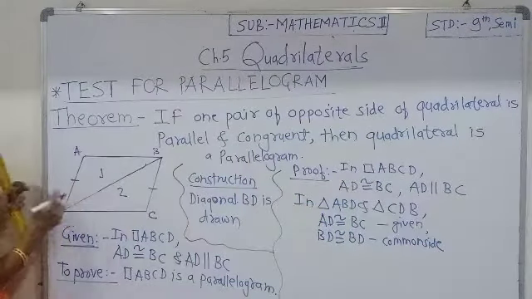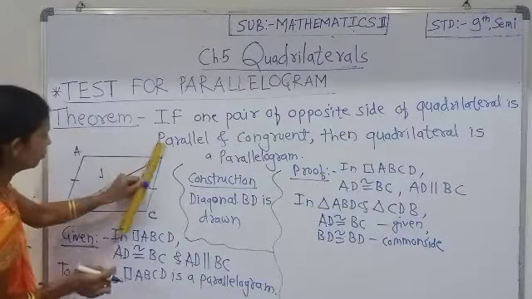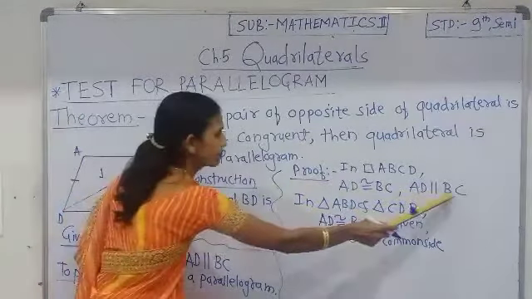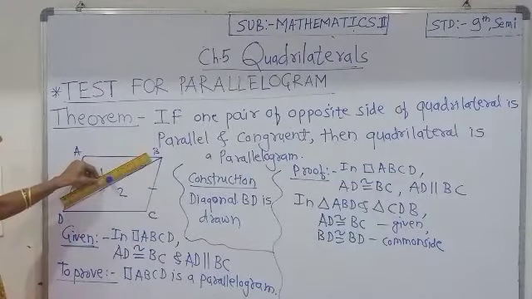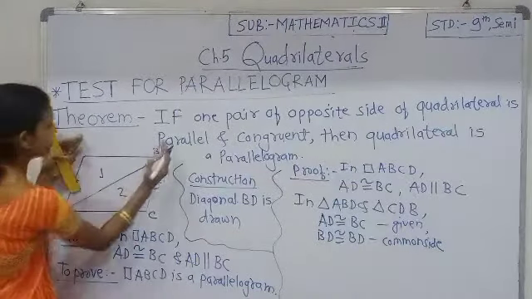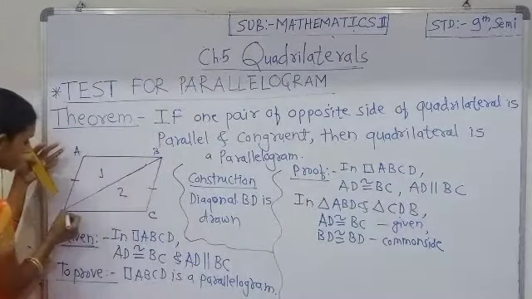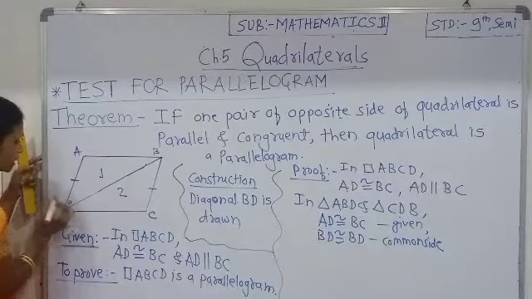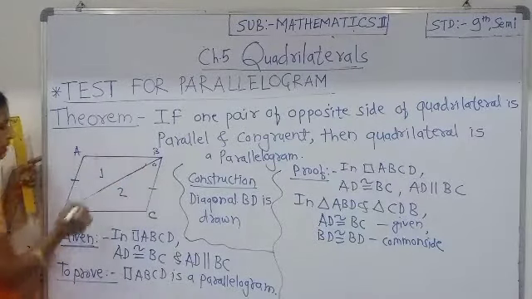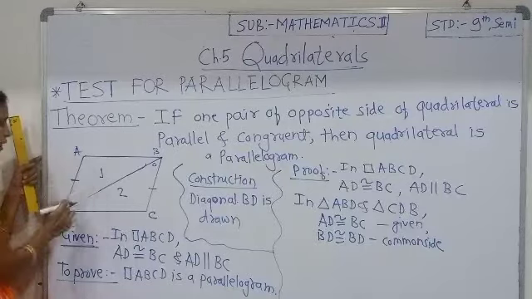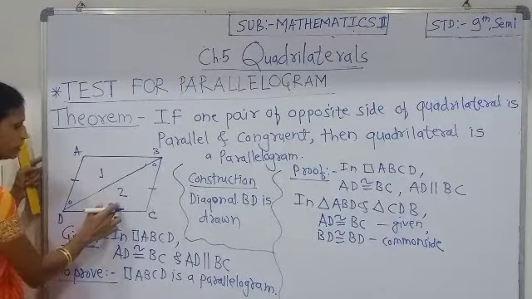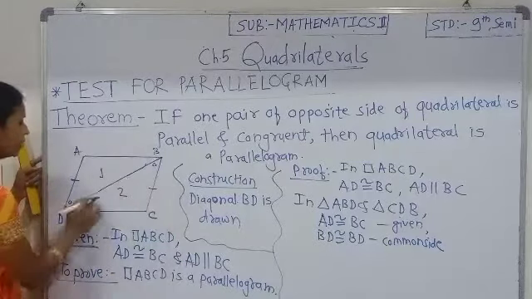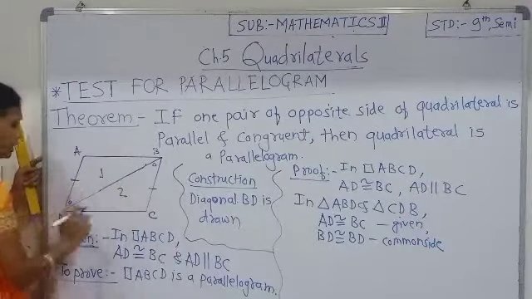And AD parallel BC is given, and transversal BD is considered. Therefore, angle ADB of this triangle and angle CBD of this triangle are congruent.